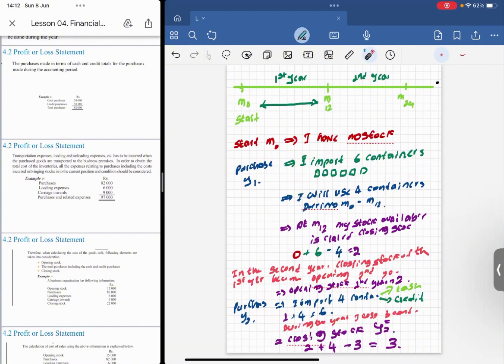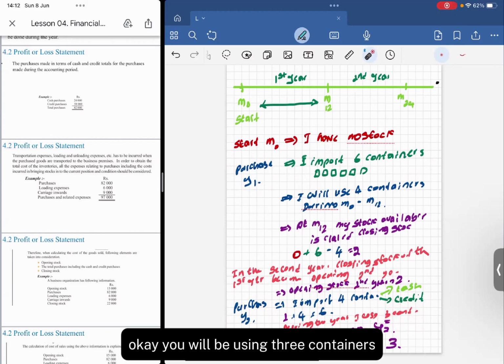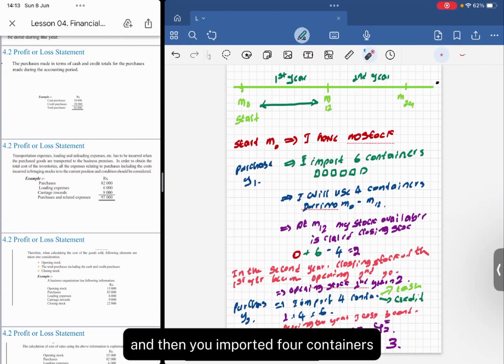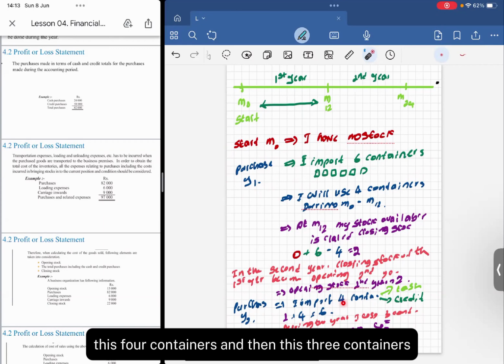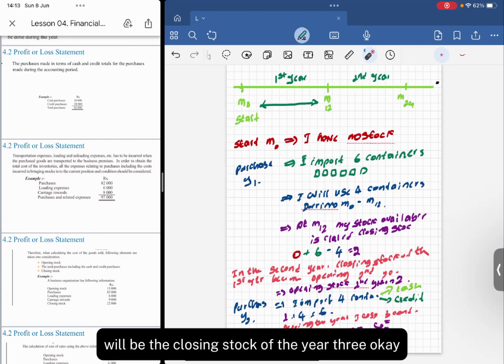Now during the year, you will be using 3 containers. So the closing stock of year 2: you started with 2 containers, then you imported 4 containers, and then you used 3 containers, so the closing stock will be 3.